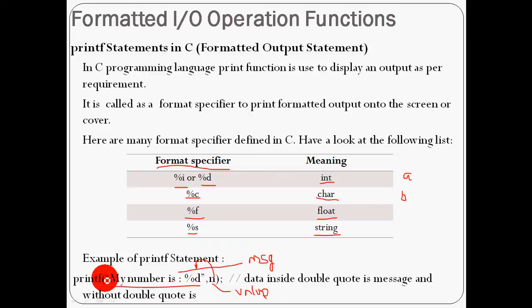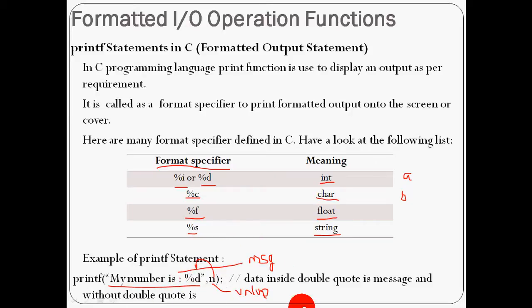Now when I consider the syntax: printf, then the message, then argument 1, argument 2, argument 3. The information string contains the format specifier. This is the information string.